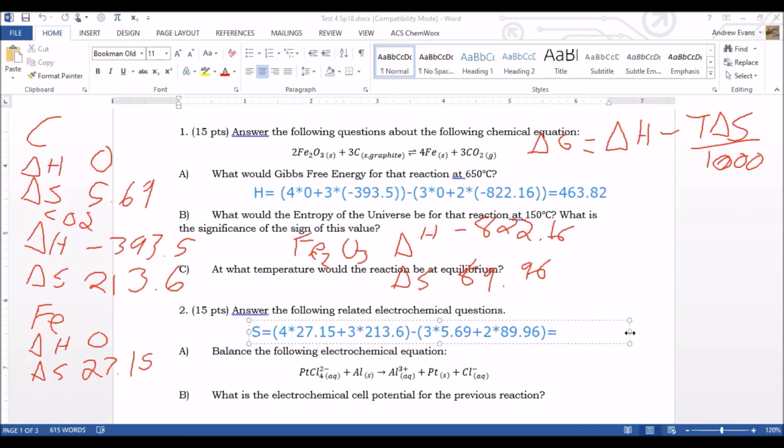So solving for this, products minus reactants again. Now, this should also make sense as we sum this up. This has a positive 552.41 joules per mole Kelvin.